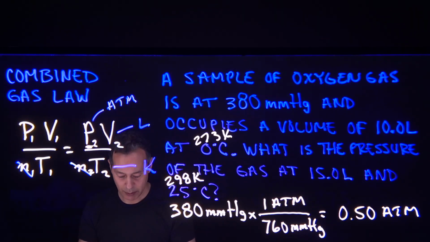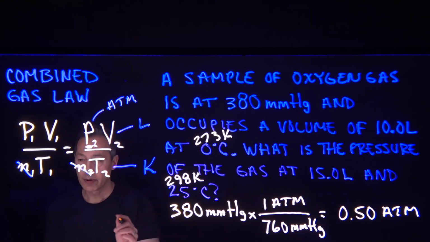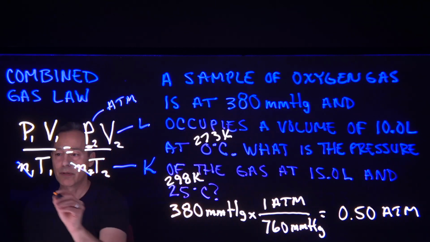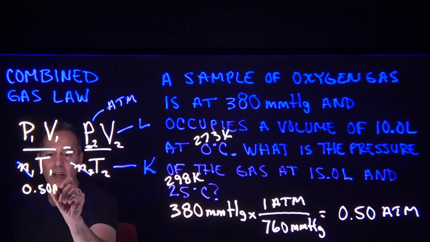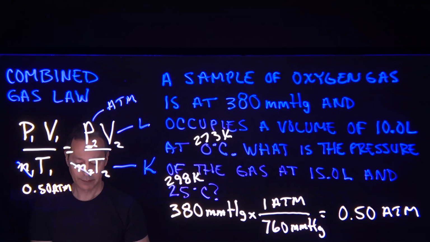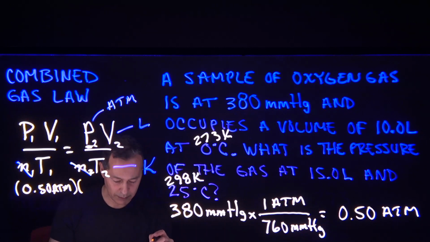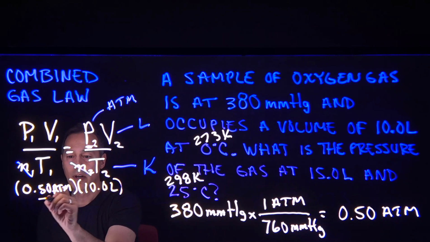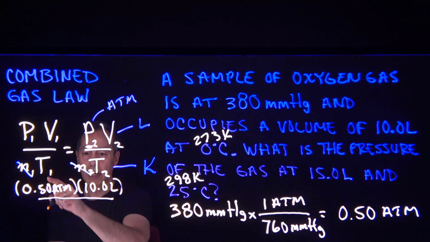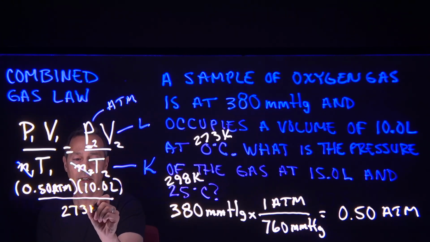Now, plugging in numbers, starting with my half an atmosphere, 0.50 atmospheres, times my volume, which is 10.0 liters, all of that over my temperature, which is 273 Kelvin.